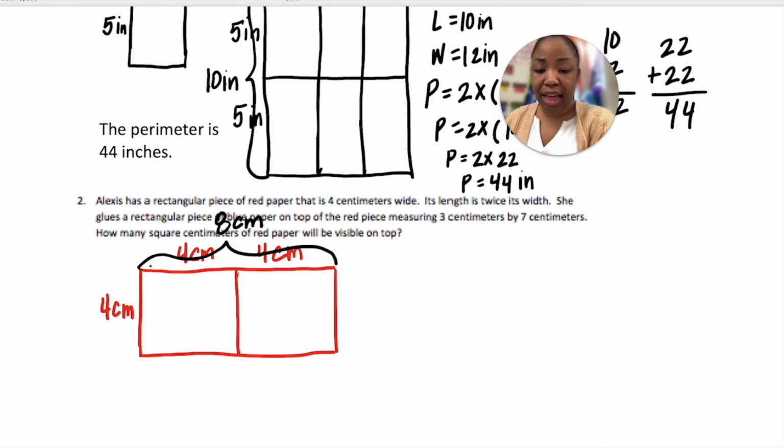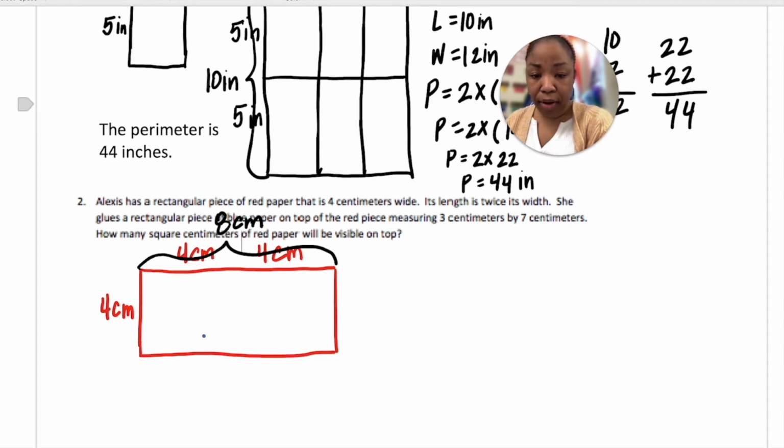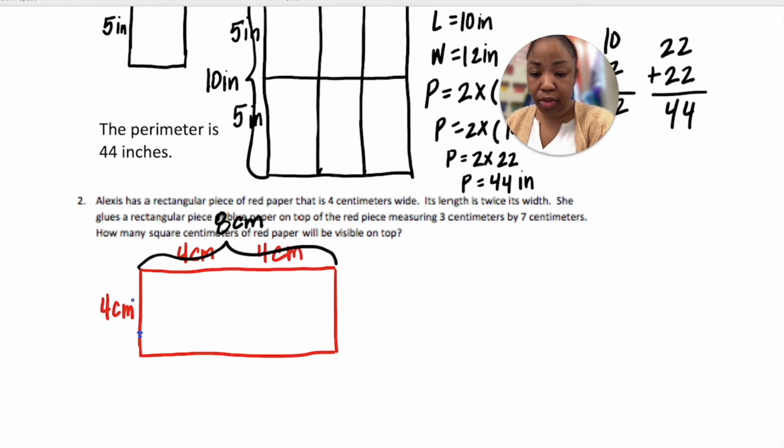They tell us that, and I'm going to just erase this line so that we can make this blue on top. They tell us that she glues a blue paper at the top of the red paper and that it measures 3 centimeters and 7 centimeters. So I'm going to make this mark here. It's not 4, it's 3.